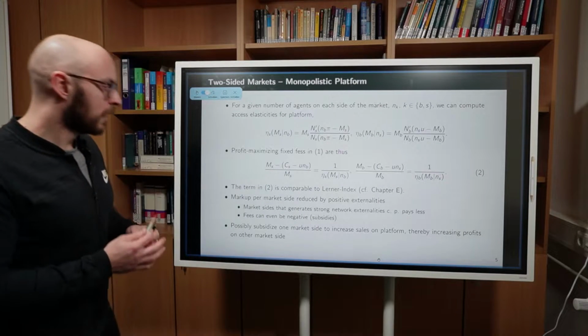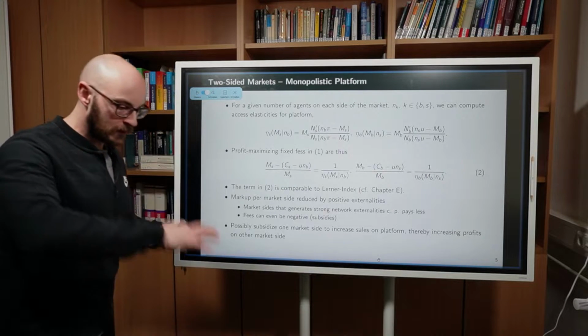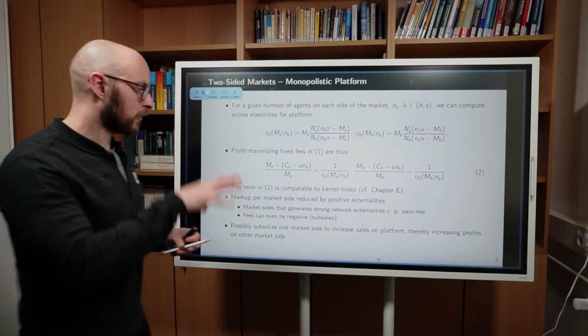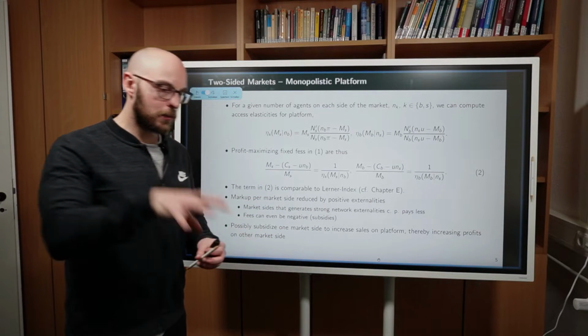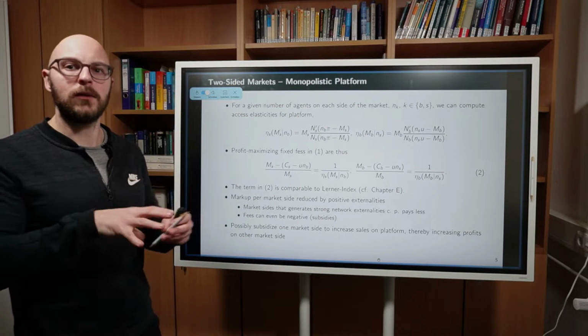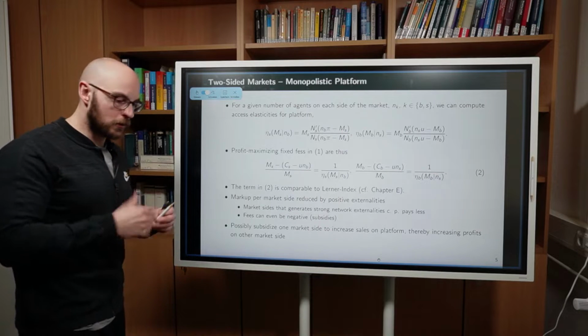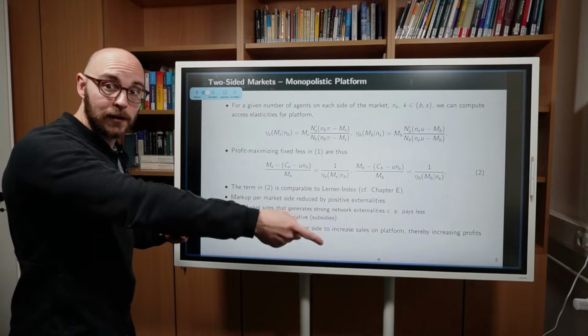So what you do is decrease the fees that you charge on the market side that generates strong network externalities, because you want to have them on the platform because they attract the other market side.